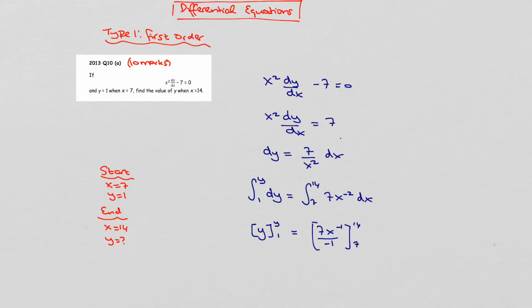Okay, so if I go on to the next page here, just so we have more space, we have y minus 1 when I sub in my limits.